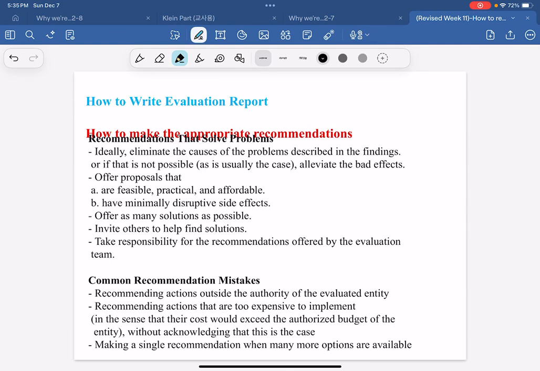Also, ideal recommendations should minimize disruptive side effects. Also, if you are effective evaluators, you need to discover as many solutions as possible. Therefore, evaluators should pay attention to creating relevant and appropriate policy recommendations.